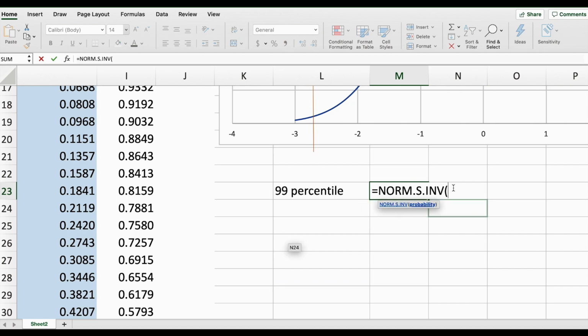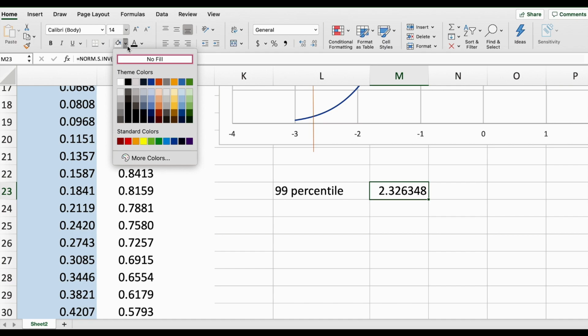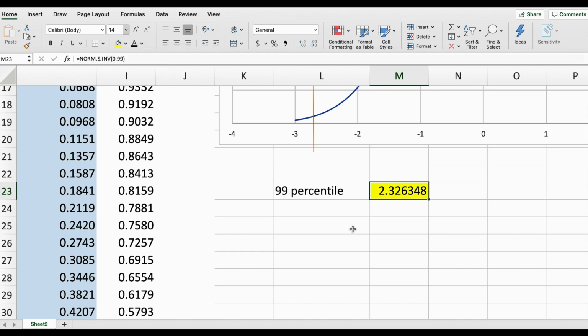When you open the bracket, it asks you for the probability. Since we're looking at the 99th percentile, we're going to insert 0.99. So the value we get is 2.326. Now let us round this up.